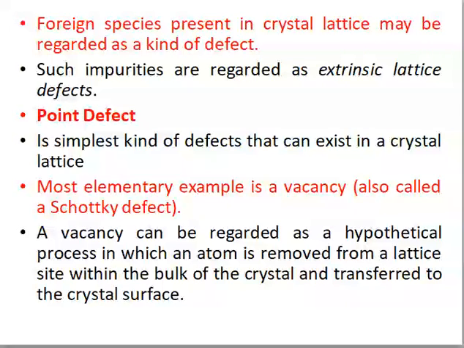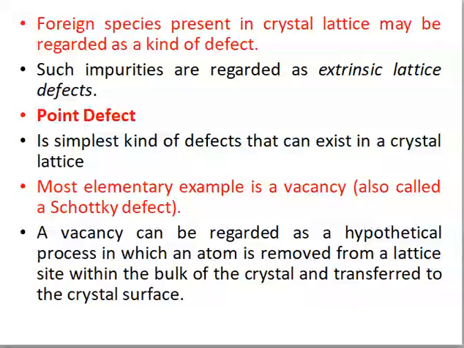This is a hypothetical process in which a molecule or an atom is removed from the interior of the silicon or germanium and transferred to the surface of that semiconductor material.